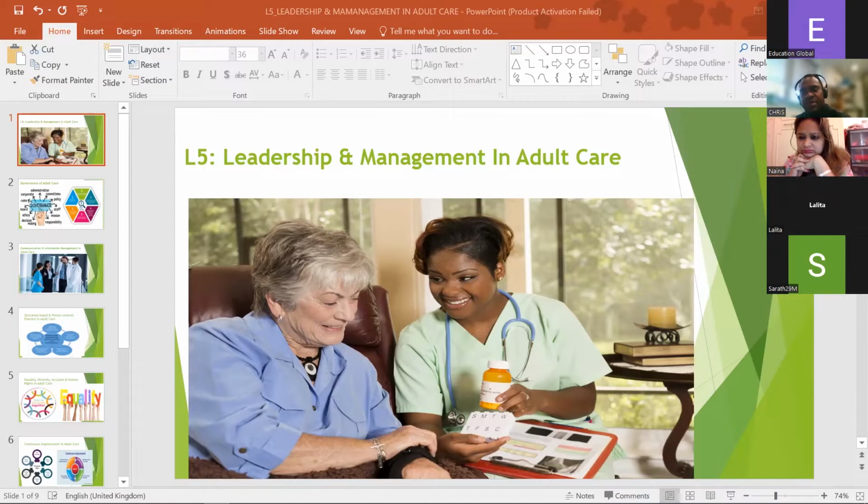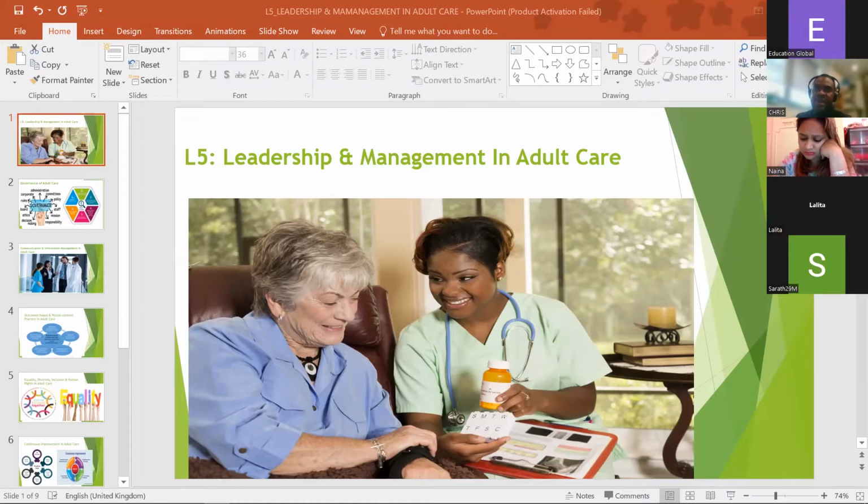We'll also be considering different situations and different teams in relation to leadership and management styles that we employ. We will also look at the importance of leadership styles for professionals in the health and social care environment, particularly adult care.